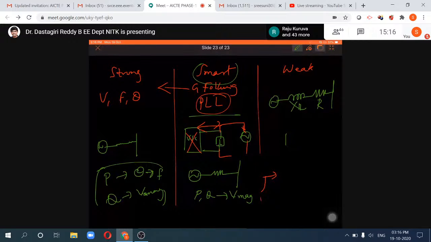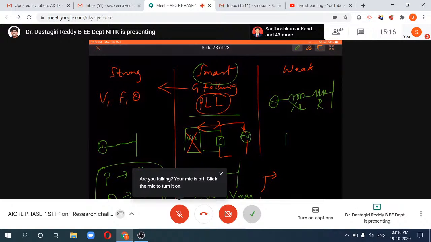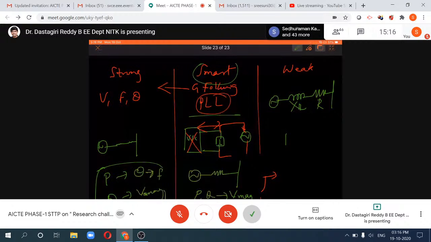Because of these three categories of characteristics of the grids, when you're dealing with grid integration or interacting two or three grids of different characteristics, in the sense strong, weak, and smart, you have to be very careful in deciding the droop characteristics or designing the control loops.